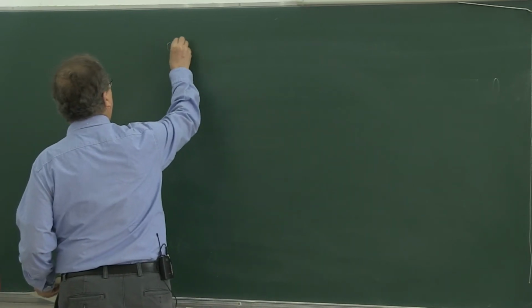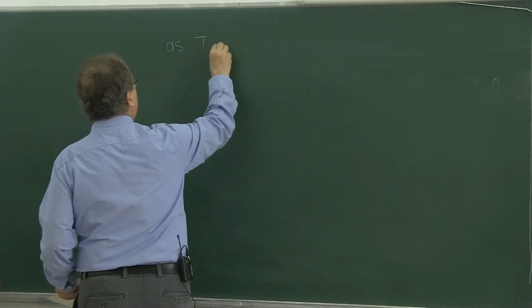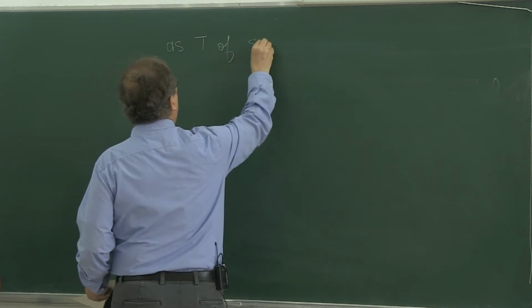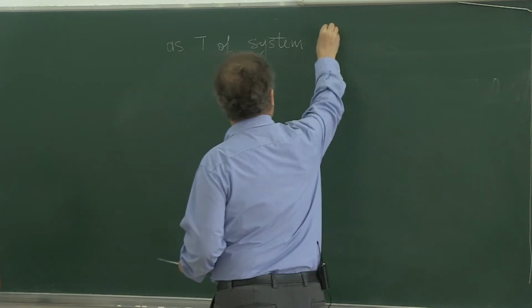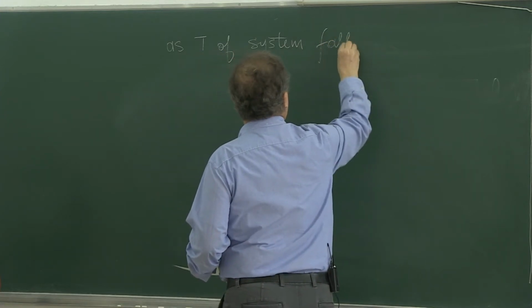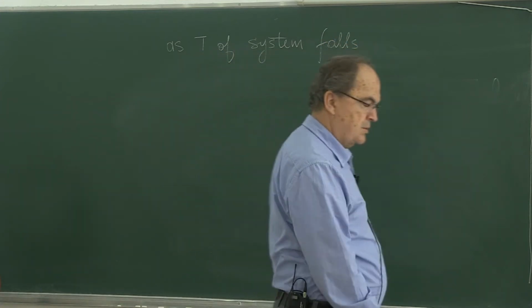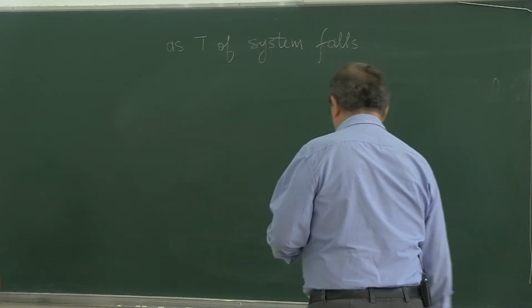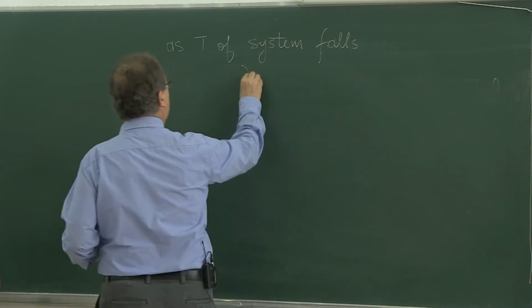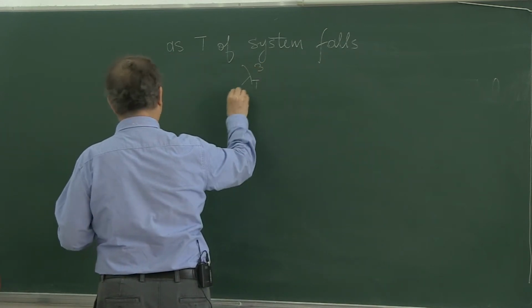As the temperature of the system falls, of course, lambda T cube over V is no longer small. It also grows.